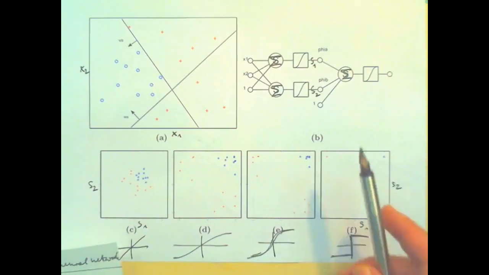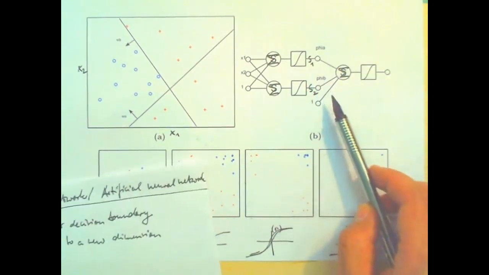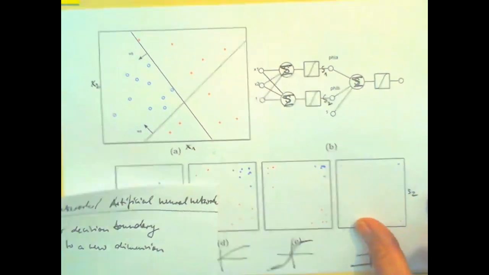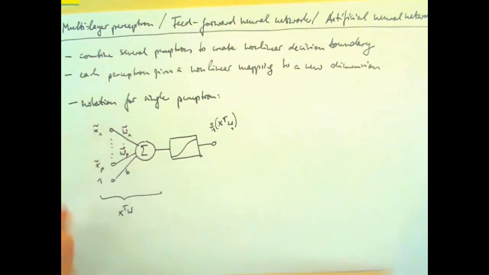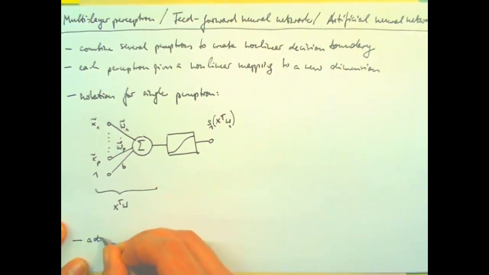And in this case here, the single perceptron in the last layer would perform the linear discrimination. And your question had been if the activation function is the same as the loss function, and that is not so.